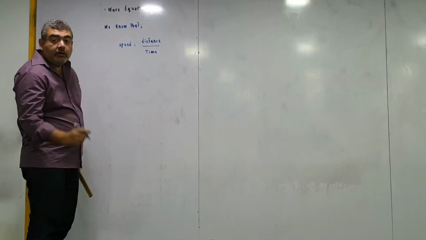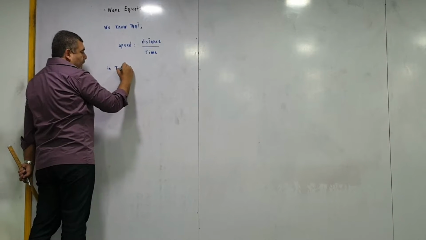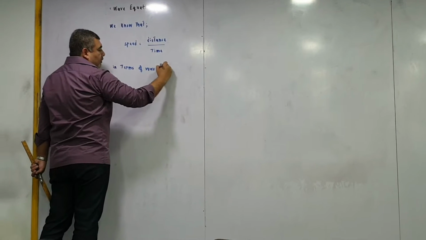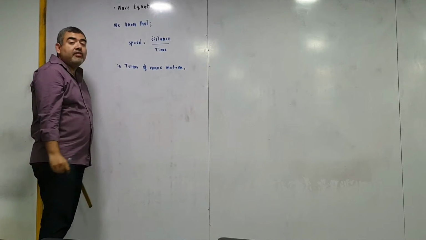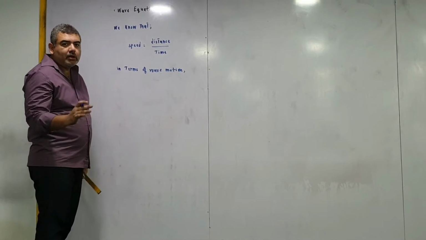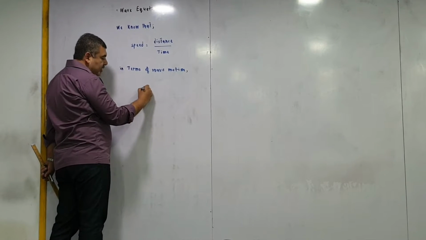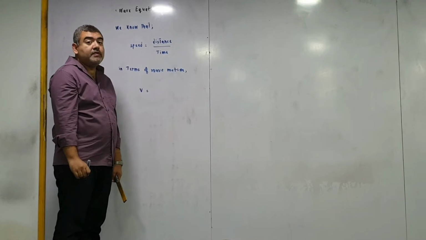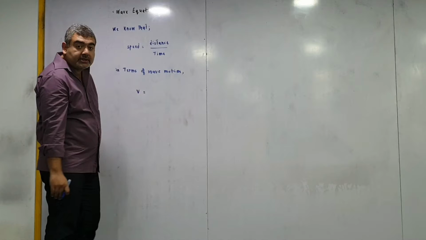In terms of wave motion, अगर मैं इसको लिखूं, so definitely जो ये terms हैं, इसको मैं wave motion में जो term use किया उससे replace कर दूंगा. Speed, whether a car is moving or a wave is moving, speed is represented with the same symbol, it's V. Distance, when we talk about a distance in wave, so wavelength actually represents the distance.